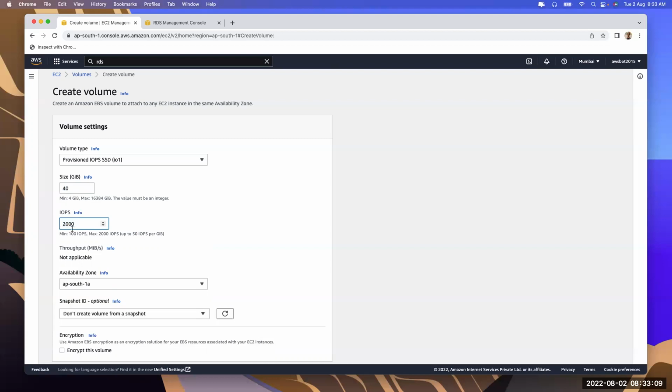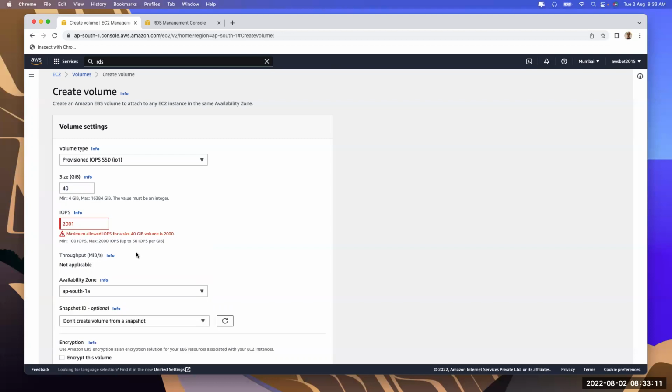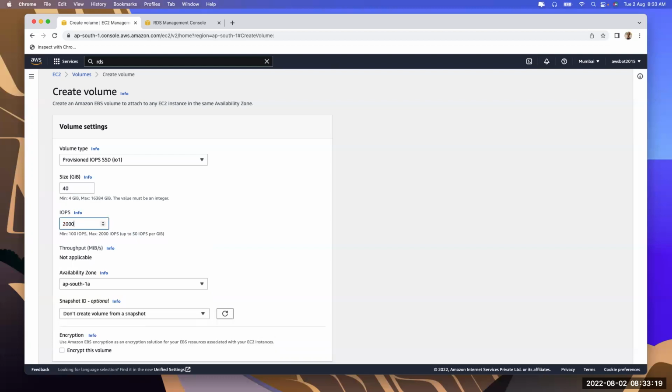The moment you make it 2001 over here, it will start erroring out because it will say the ratio is 1:50. In short, if you are at 40 GB at max, you can hit 2000 IOPS. Again, this is provisioned. Provisioned means I am telling you how many operations I need, how many input output per second I mean. That is your IO1.